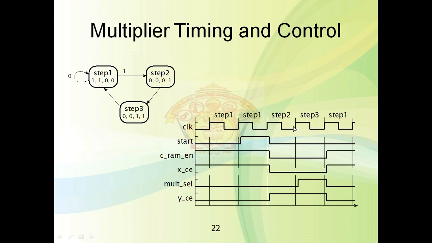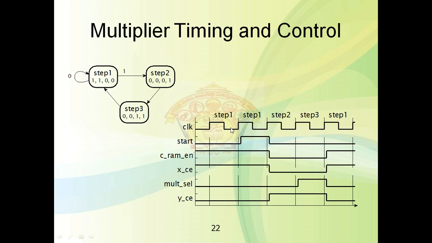Then in step 2 you can see this is 0, this is 0, this is 0, and Y chip enable we have to activate, so that we can store the temporary multiplication. So 0 0 0 and 1 are the output, and then we proceed to step 3.